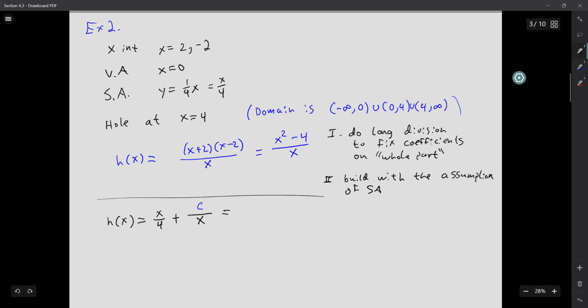So let's see what this common denominator looks like. It needs to be 4x. So we need x squared over 4x plus 4c all over 4x. And when I combine these, I'll get x squared plus 4c all over 4x.